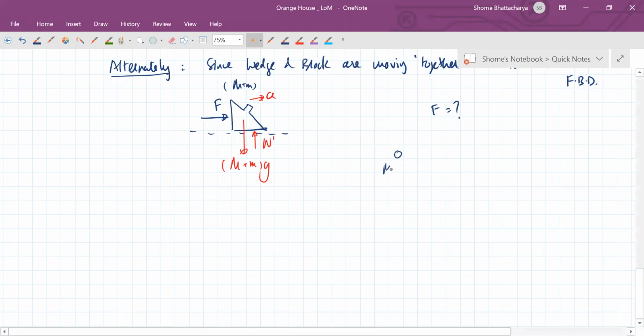On M plus M as a system, there's only one horizontal force F. The other two forces are vertical, so they should not bother us. So we'll just get, this is of course in the ground frame, F should just become M plus m times a.